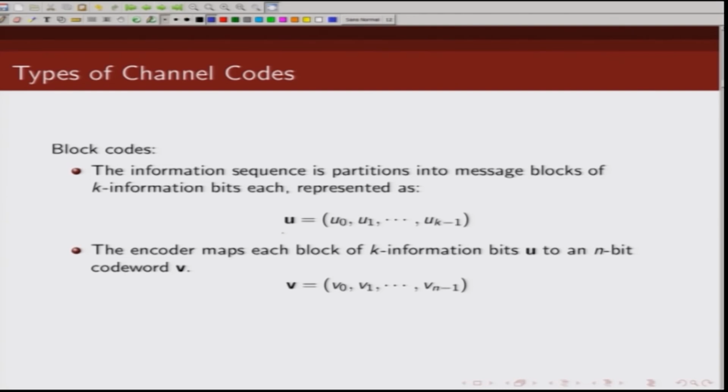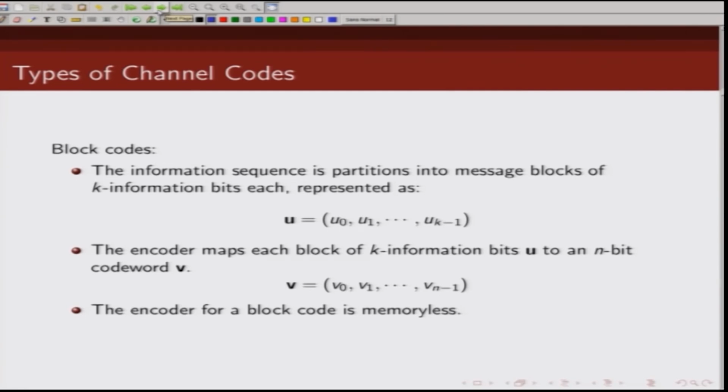We denote our information sequence by u, a k bit sequence u0, u1 to uk minus 1, and our encoder is going to map these k bits into an n bit sequence, which is denoted by v.